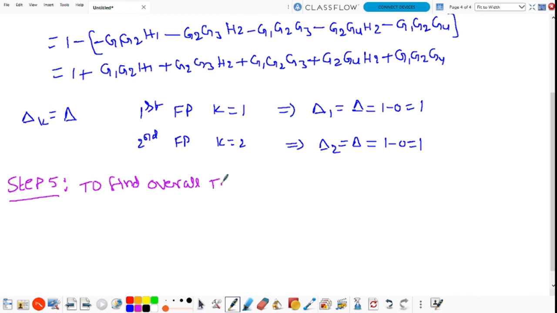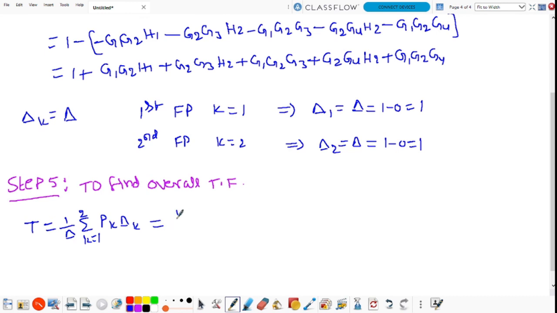We know that using Mason's gain formula, the transfer function T(s) is equal to output by input, C(s) by R(s), is equal to 1 by delta, sigma k equal to 1 to 2, P suffix k into delta k.